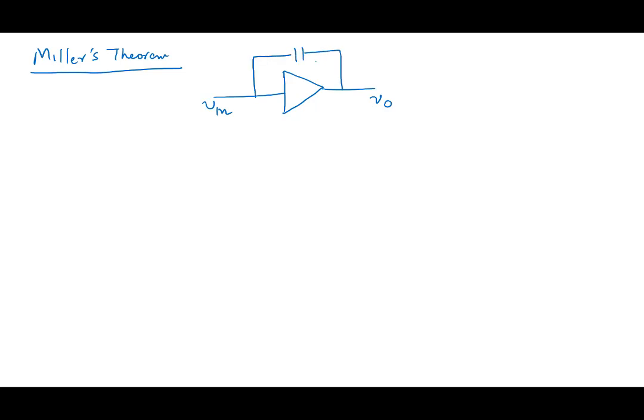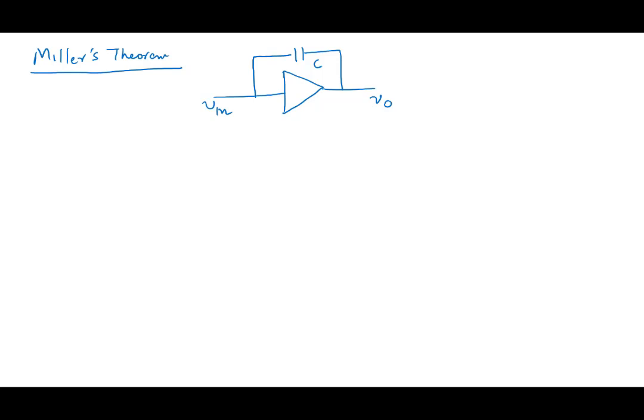This is based on the following. Let's say you have an amplifier with input Vi and output V0. There's a theorem called Miller's theorem. Okay, let's try and understand Miller's theorem here. What it says is the following. Let's say there's a capacitor C connected here.